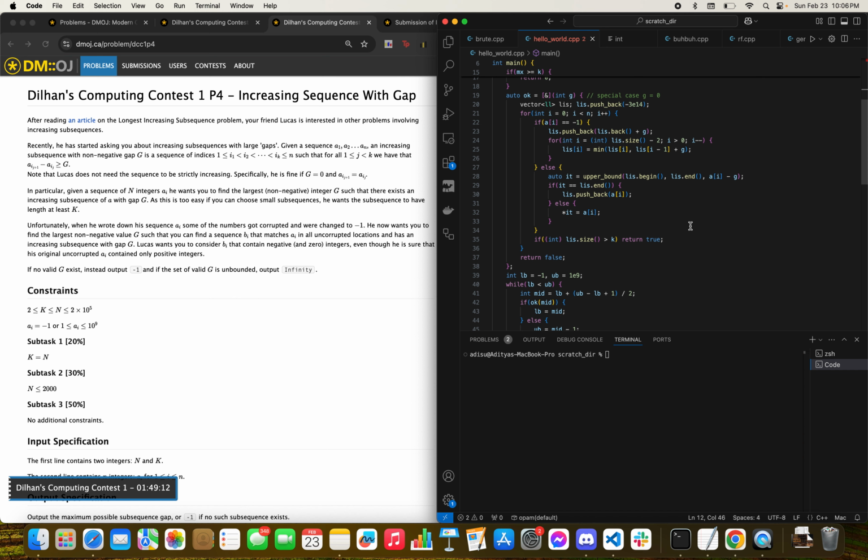Wait, consider the value each thing minus index times g. Then it's just like, what does that make it? Yeah, then it's a lot easier to think about.